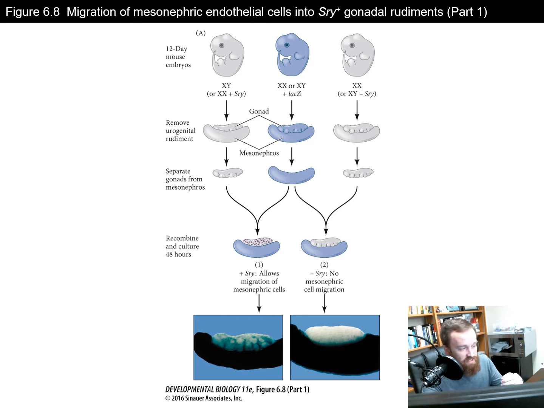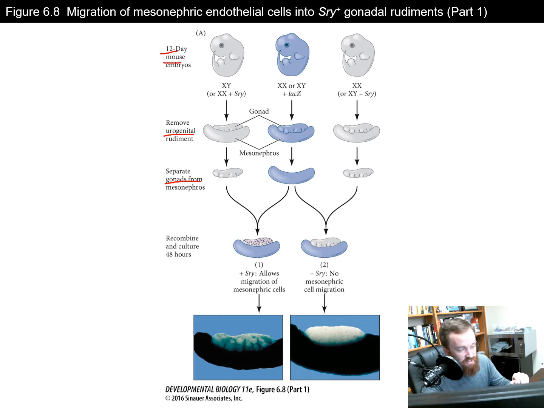So in this experiment, to determine the role of SRY in this process, they took 12-day-old mouse embryos, and they removed the urogenital rudiment and the gonads.